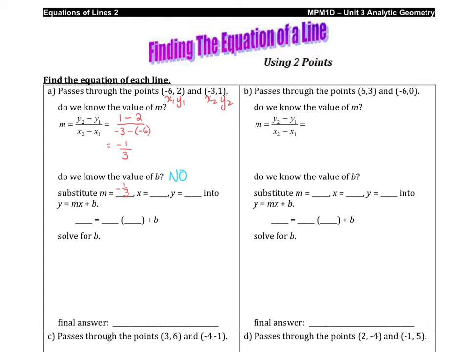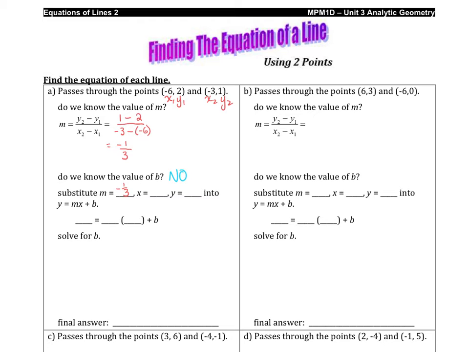So a couple things to think about. Really doesn't matter which one you use, but a couple of pieces of advice. People tend to do better if there's no negatives. So if possible, like over here, choose the point without negatives. That's one piece of advice, because the more negatives there are, the more chances people are going to make a mistake.